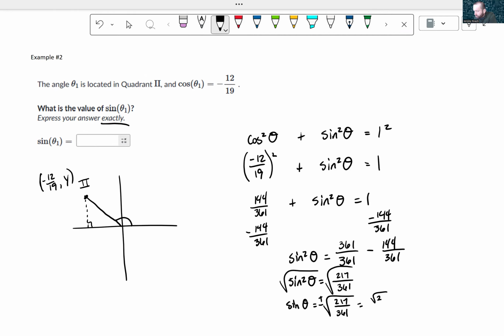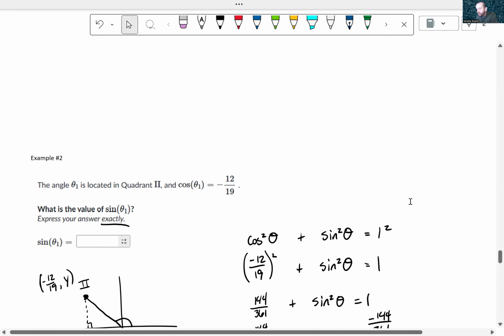So the square root of 217 over 19, plus or minus. Now let's take a look at what quadrant we're in. We're in quadrant 2, and y is always positive in quadrant 2. And so we're just taking the positive answer. So our final answer is positive root 217 over 19.